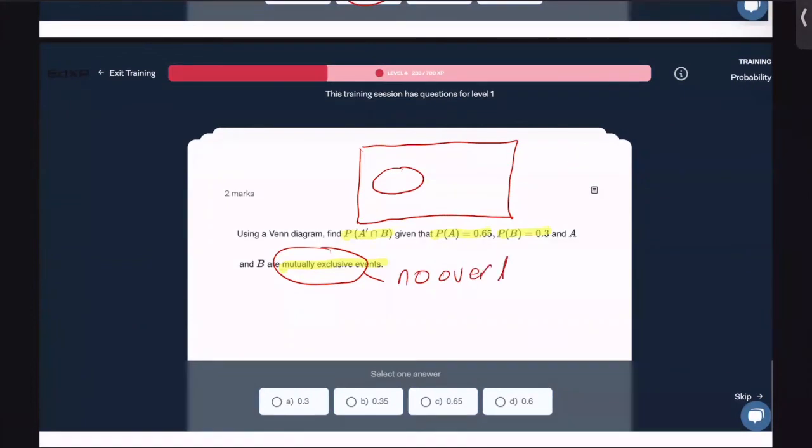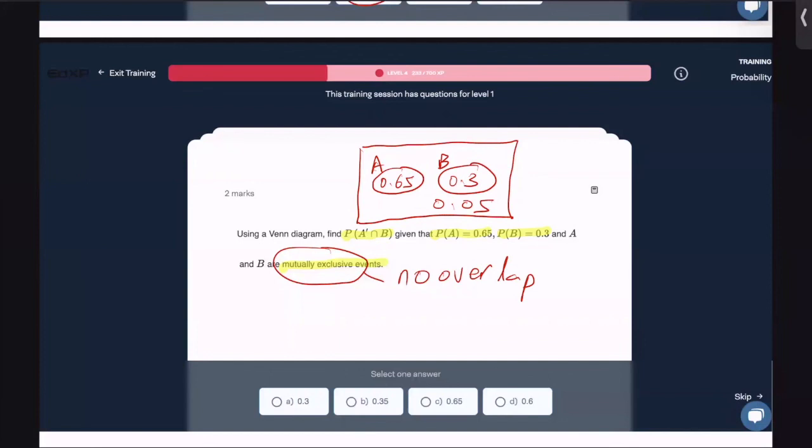Very important: there is no overlap here, which means that they are separate and distinct. We have A here, we have B here. P(A) is 0.65, let's label that in. P(B) is 0.3. Probability must add up to 1, which means that the outside of the circles must be 0.05.